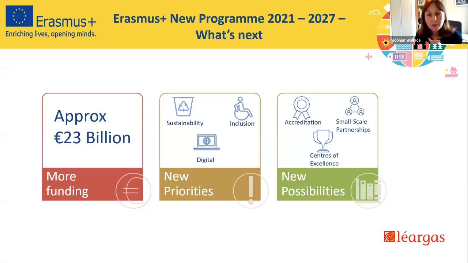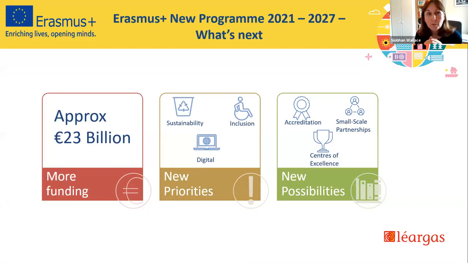A big priority is going to be sustainability. So there are really going to be 3 main priorities that they're promoting across all of the types of projects, no matter what type of project you're undertaking, and that's sustainability, inclusion, and digital.